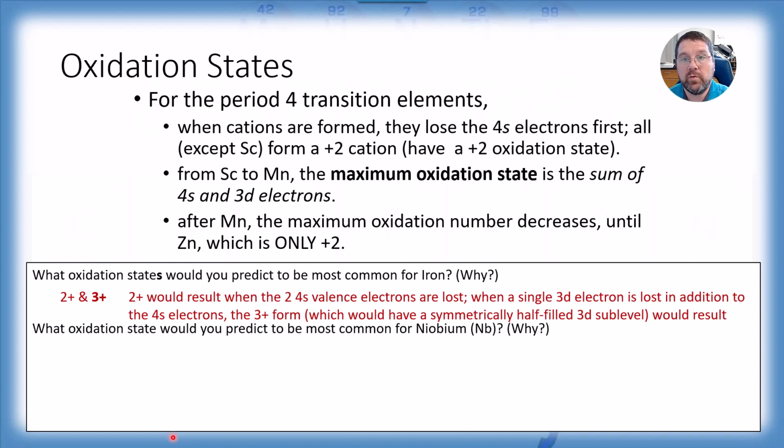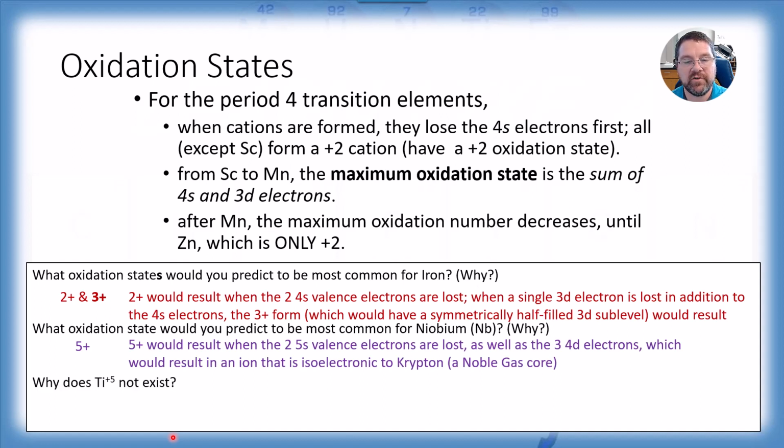And if it loses just 3 more electrons, now it's completely lost that outer valence shell, and it ends up with 4s2, 4p6, a noble gas core configuration. So it's highly likely that niobium is going to lose all 5 electrons, and hence we would predict a 5+ charge for niobium.